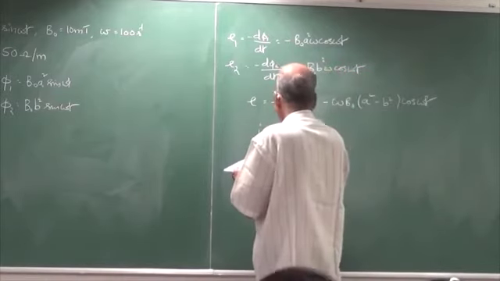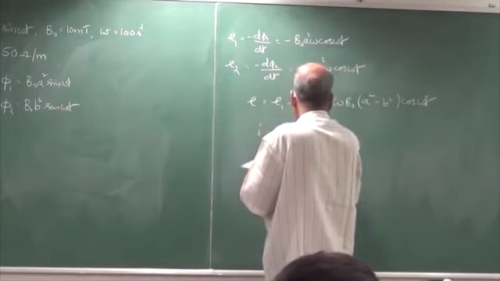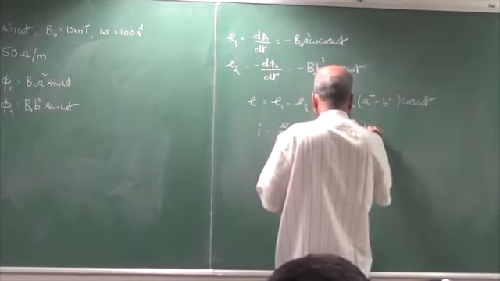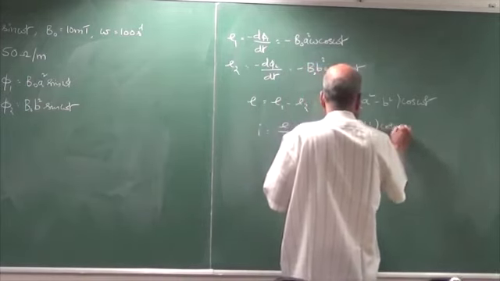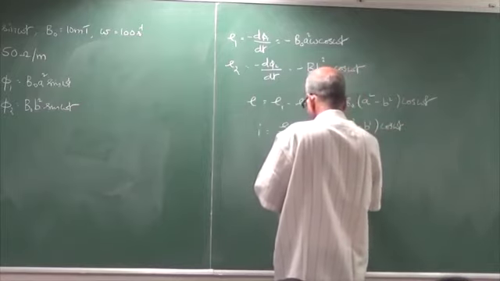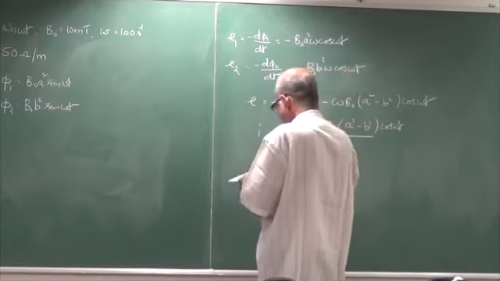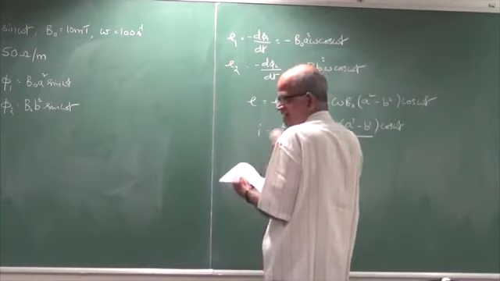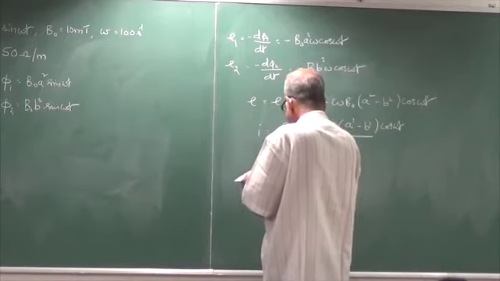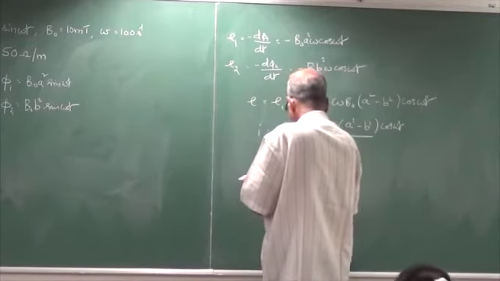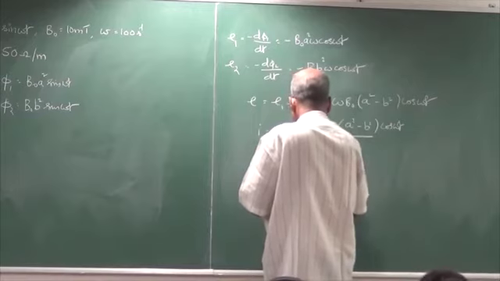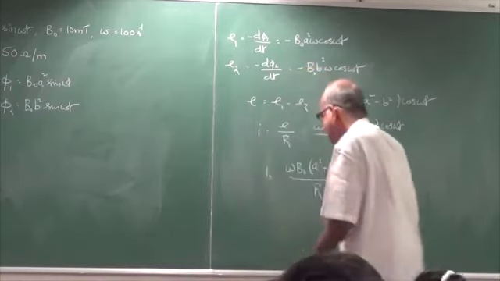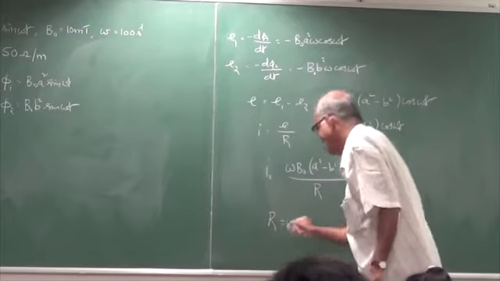Induced current is... what is the amplitude of this? The induced current is of the type I equals I naught cos omega t. Amplitude of this is... now, what is the resistance of this loop?